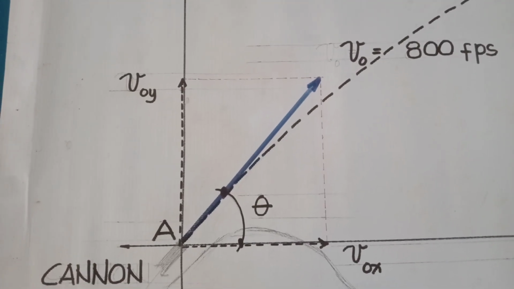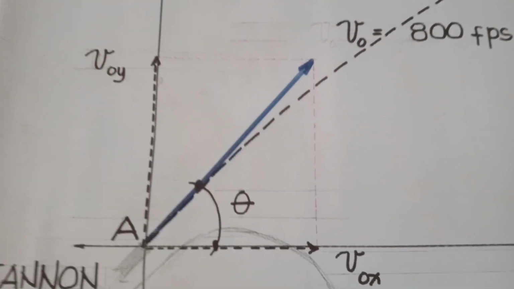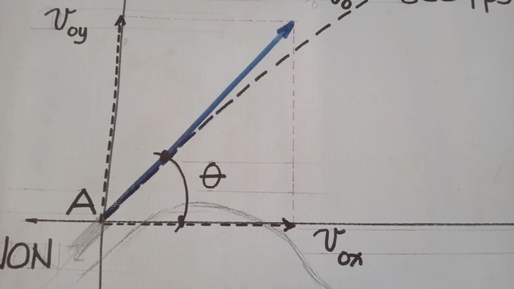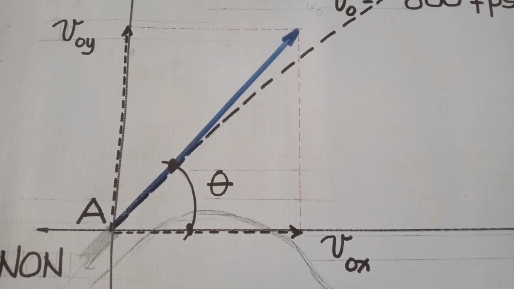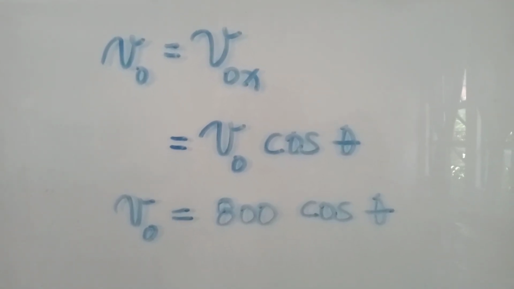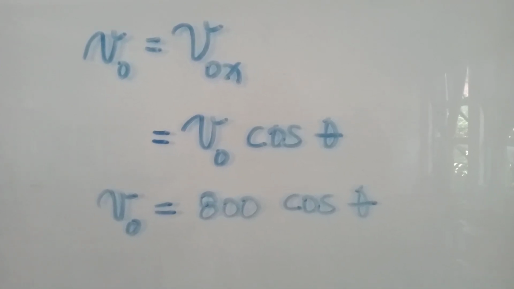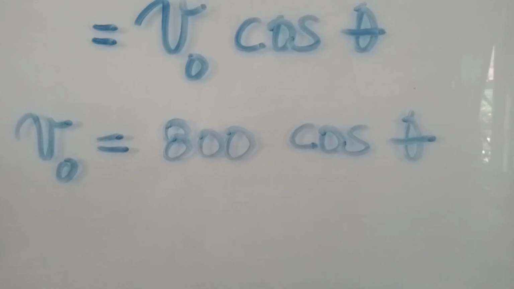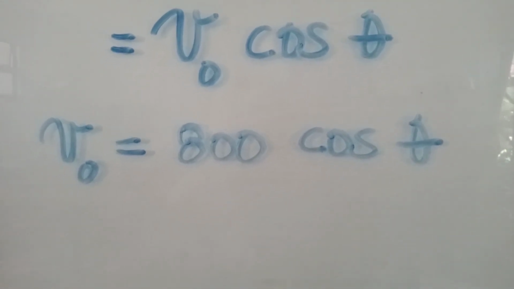If we refer back to our figure, that's our v sub ox, which is adjacent to theta. Therefore, v sub ox is equal to 800, being the initial velocity, times the cosine of theta, which is our unknown.